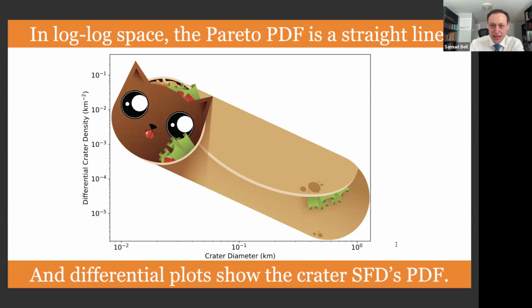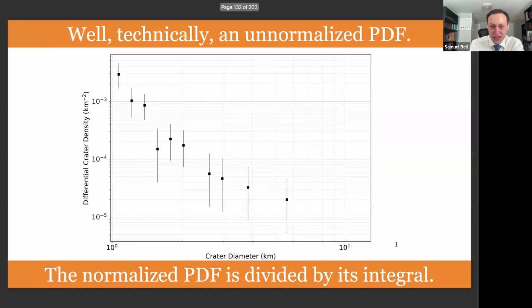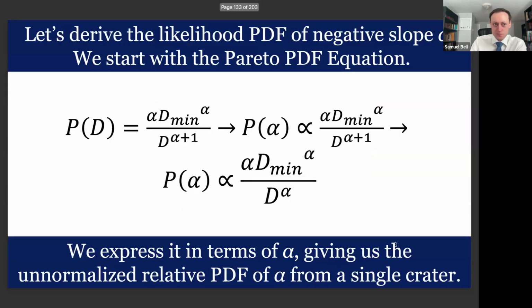In log space, the Pareto PDF is a straight line on a differential plot. And differential plots show, actually, the crater SFD's PDF. That's actually what a differential plot plots. Well, technically an unnormalized PDF. The normalized PDF will be divided by its integral all the way out to infinity.